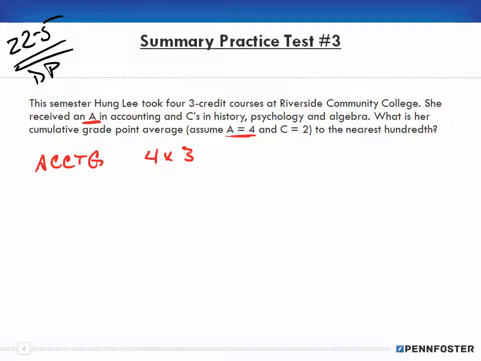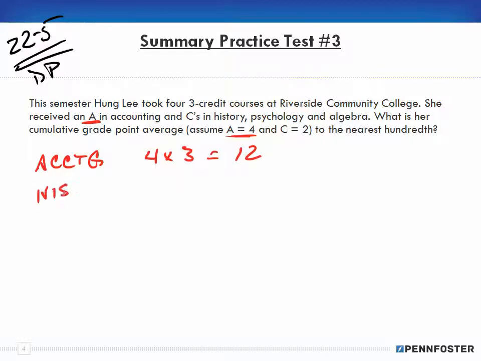Let me just do it this way first, and I'll point something out to make this a little bit easier. So 4 times 3 is 12, because we're looking for, in essence, a weighted average here.